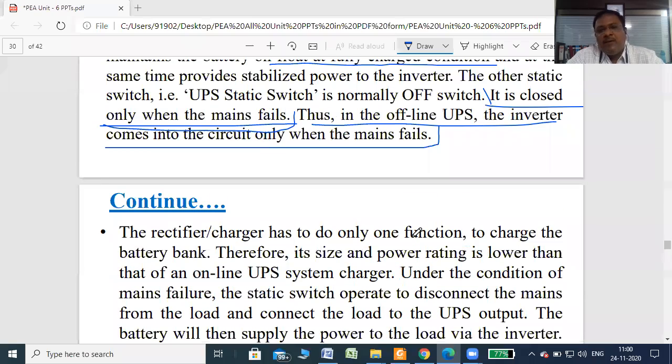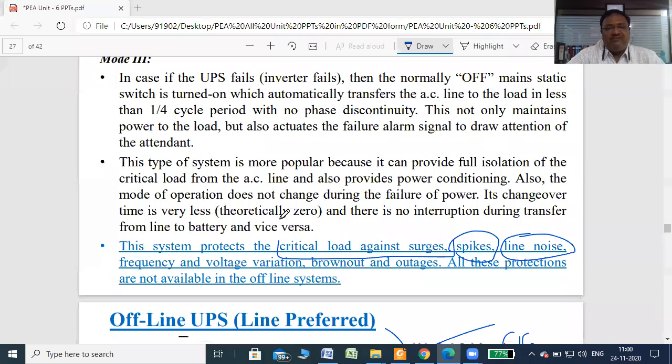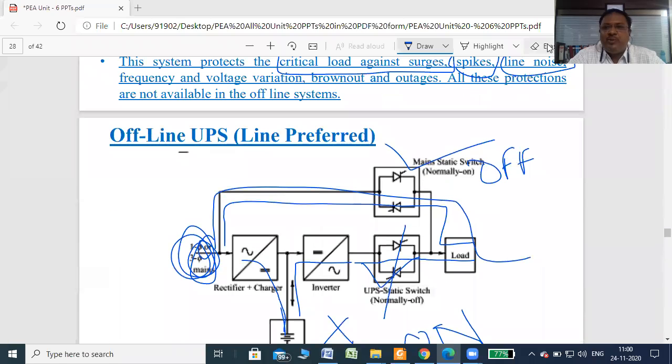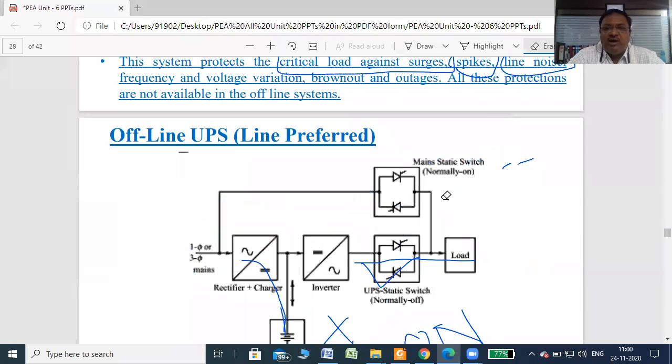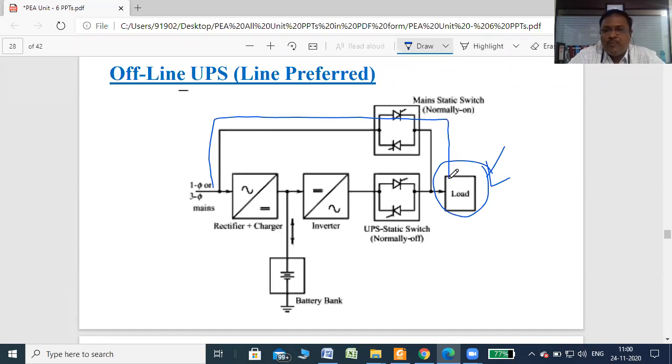Okay, now the advantages of online UPS. I'll first explain the disadvantage of offline UPS so you can understand the advantages of online UPS. The first disadvantage of offline UPS is that you cannot connect critical load to its output because the supply voltage is directly fed to the load, right?